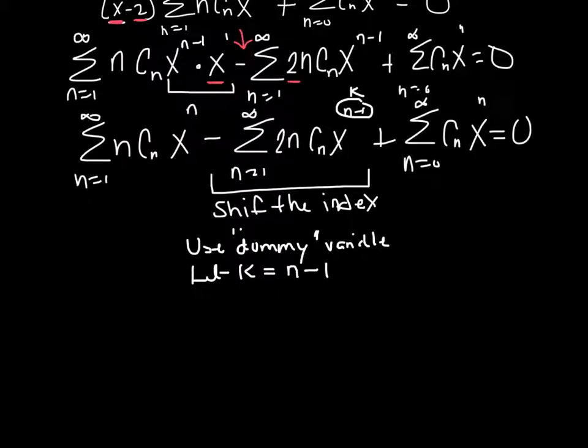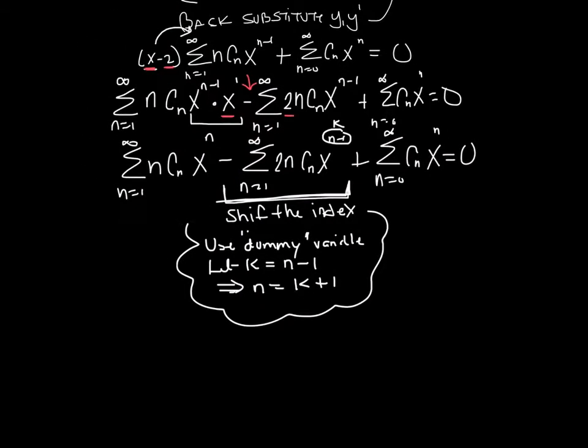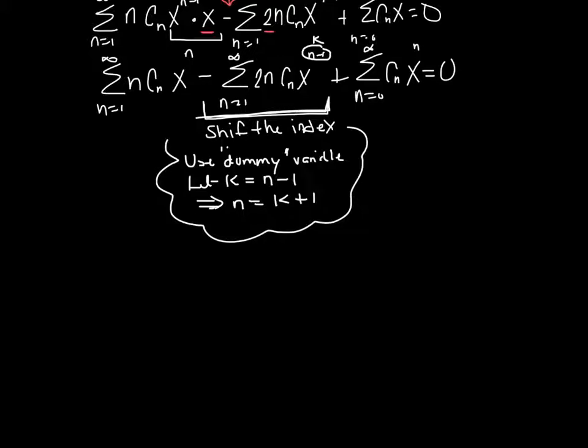Well, if k is n minus 1, then what is n? Well, n is definitely going to be k plus 1, if we solve for n. Okay, so I want to rewrite this power series that I underlined in terms of our k. I'm just copying everything else that I'm not using.